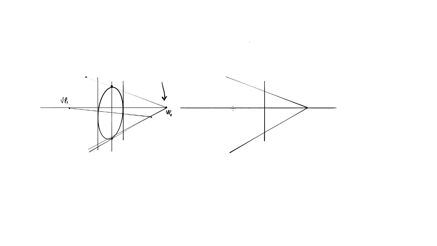But what I want to do here is I want to move my vanishing point so that it's much closer to the other one. So here the distance was much further, here it's closer.